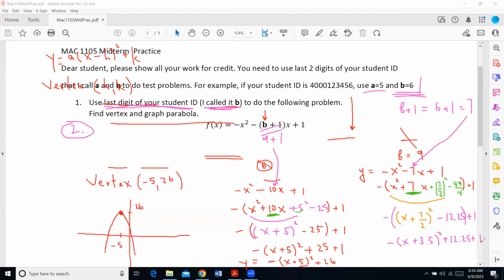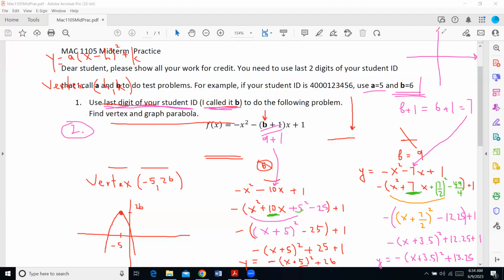So finally, I'm going to get the equation with a negative in front of X plus 3.5 squared, and then 13.25. I purposely put fractions and then decimals. Just make sure you realize it doesn't really matter if you put the answer with fractions or with decimals. It's the same thing.